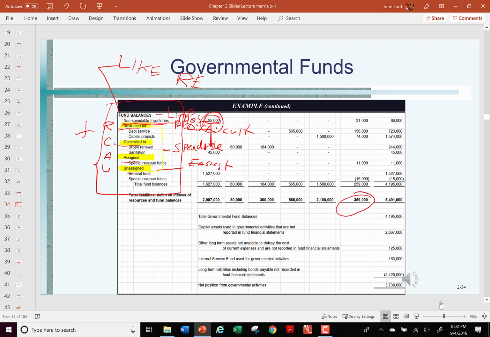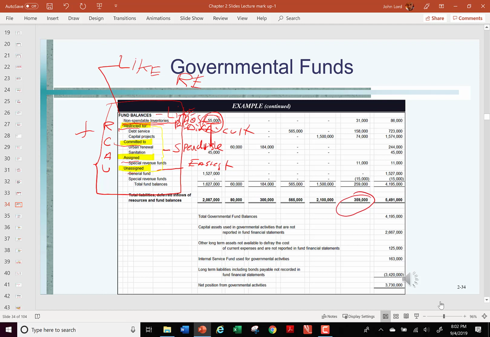Now, we take the fund balance, which is like retained earnings, and we break it into 5 categories. So our fund balance will either be called non-spendable, or it can be restricted, committed, assigned, or unassigned.